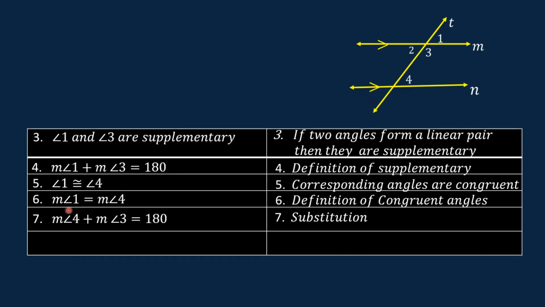And then, in statement number 6, we said that the measure of angle 1 is equal to the measure of angle 4. Therefore, we can substitute the measure of angle 4 for the measure of angle 1 in statement number 4. And the result is statement number 7.